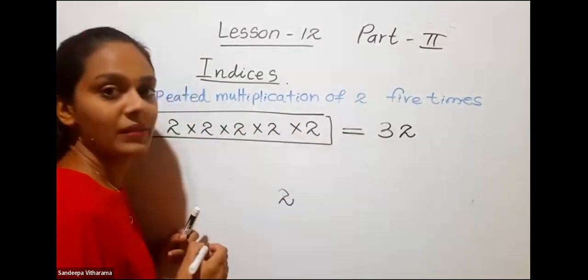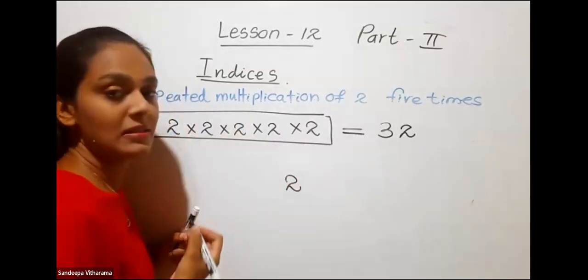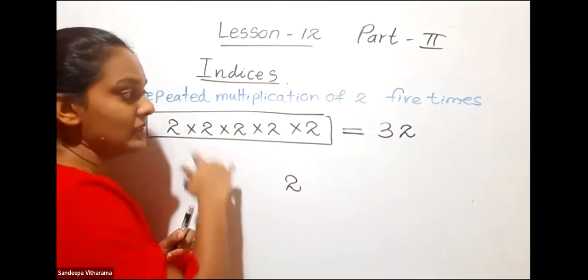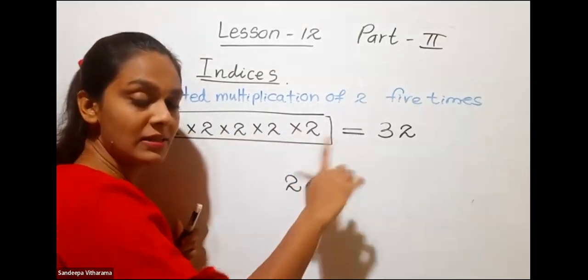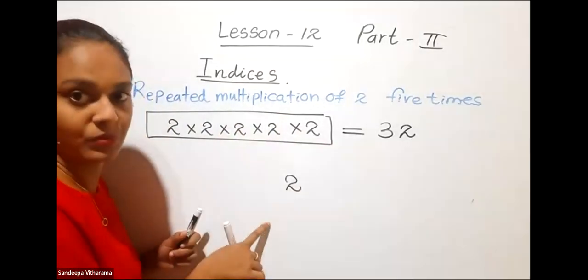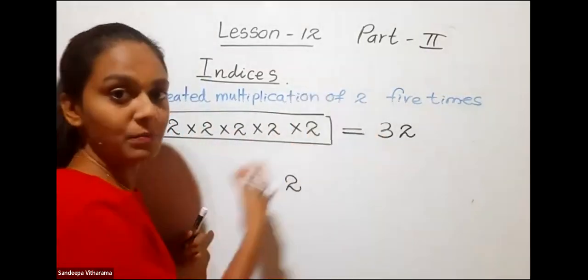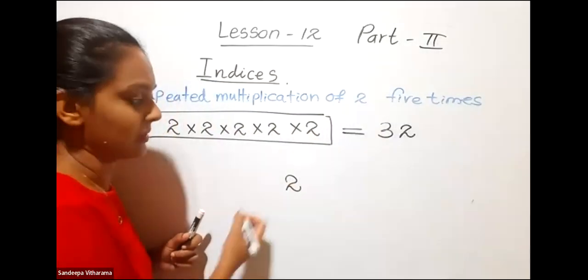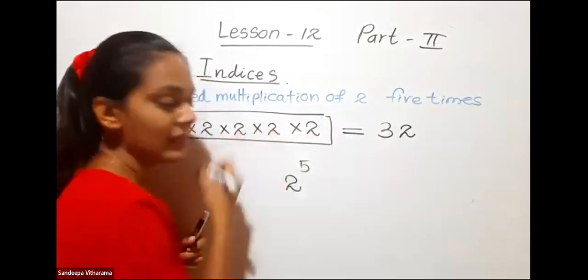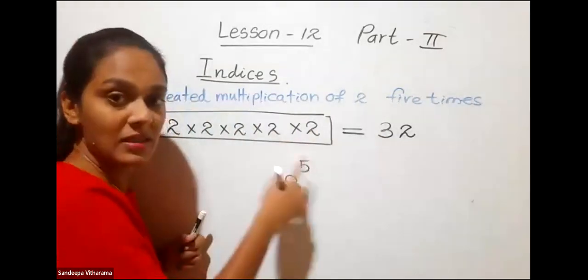Here it is 2. I write it. This is the base. Now the number of times that we multiply 2 repeatedly is expressed at the top right hand corner. Then it is written like this. Now this expresses something.